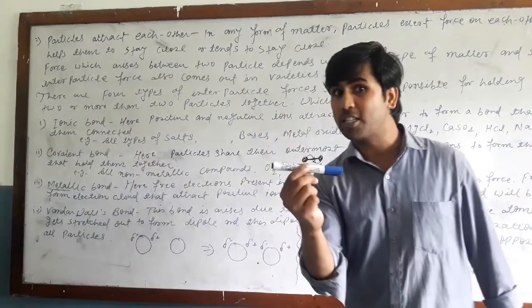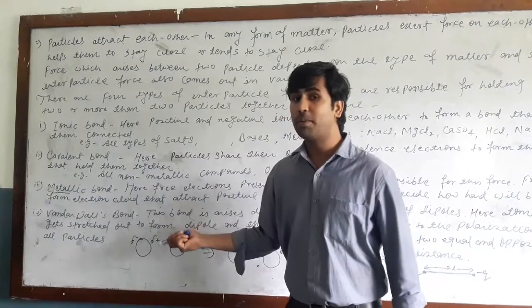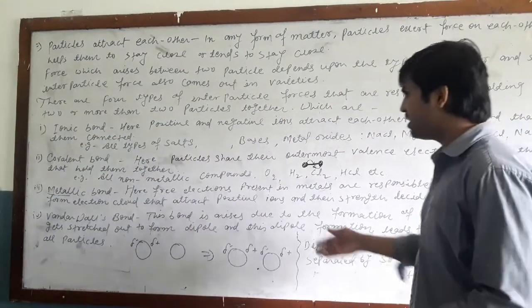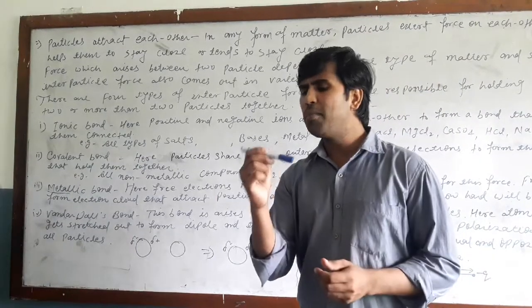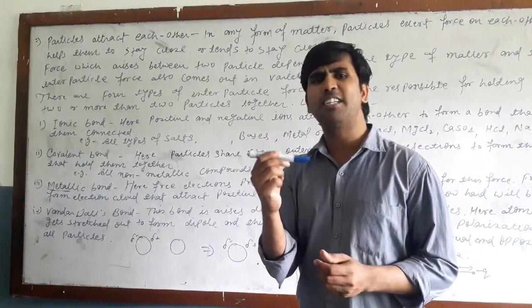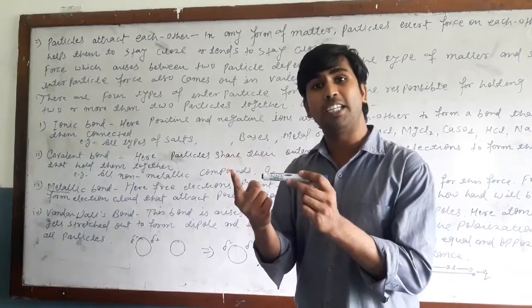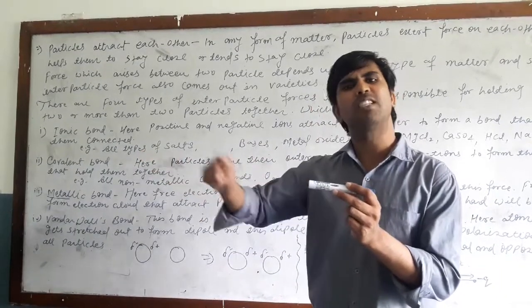And when dipoles are formed, this will create the van der Waals bond. Here what happens? This exists in different types of non-metals, like different types of gases. Here one molecule behaves as a dipole. But if a molecule exhibits the dipole nature, then all the atoms similarly behave in the same way.